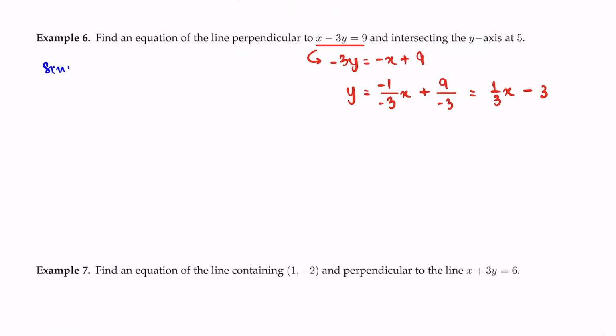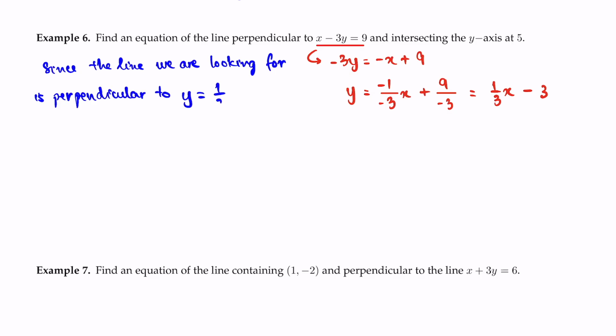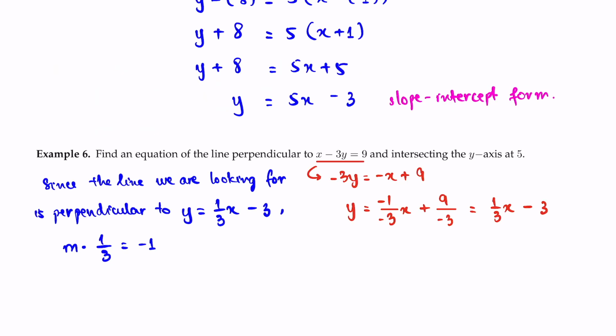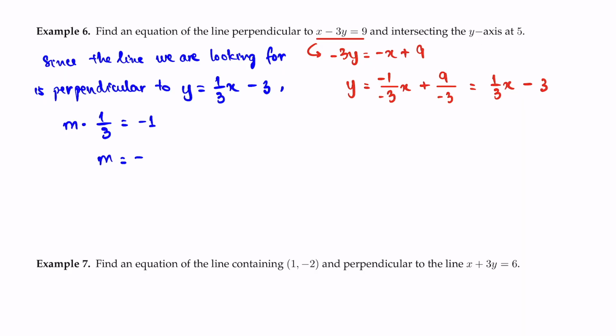So since the line we are looking for is perpendicular to y equals 1/3 times x minus 3, we get that the slope times 1/3 equals -1. So multiply by 3 on both sides of the equation. I get m equals -3. So I have the slope and I have the y-intercept.